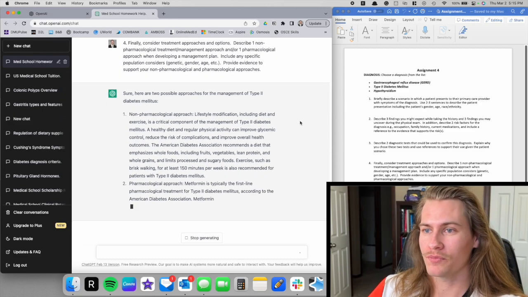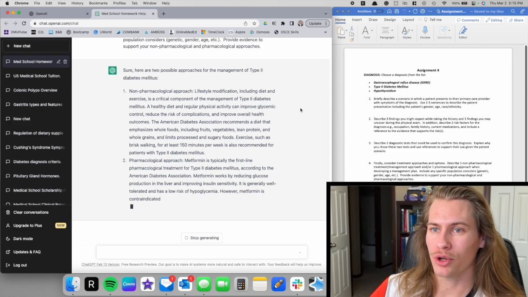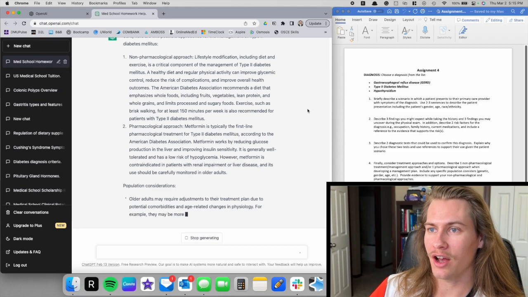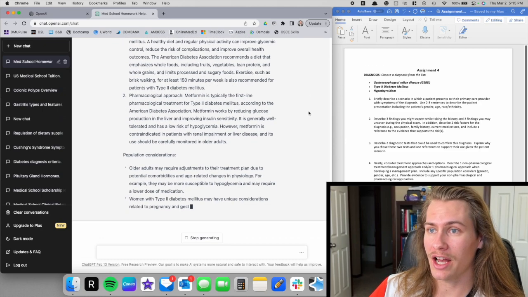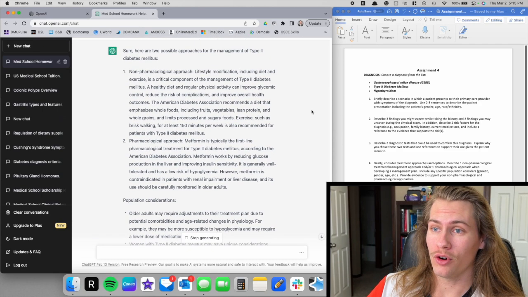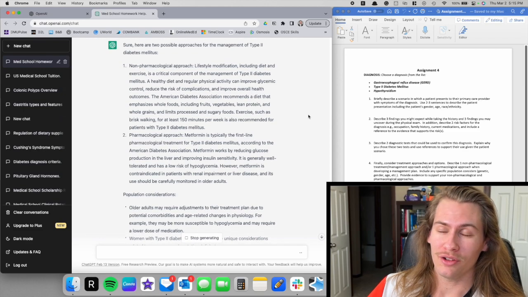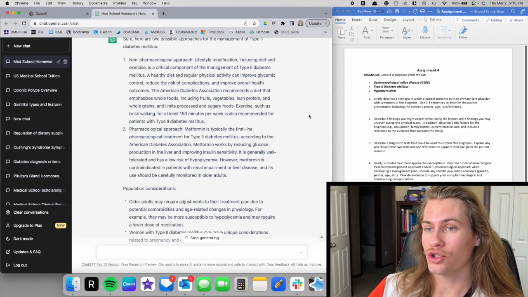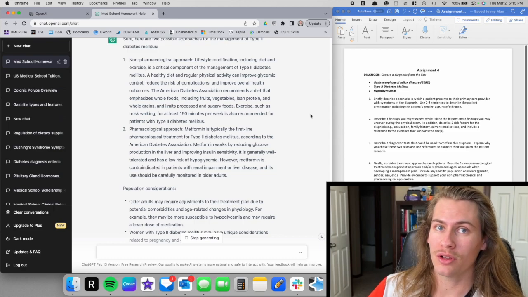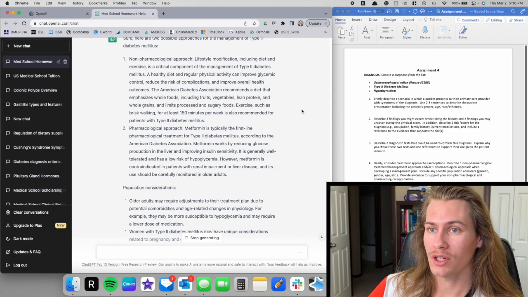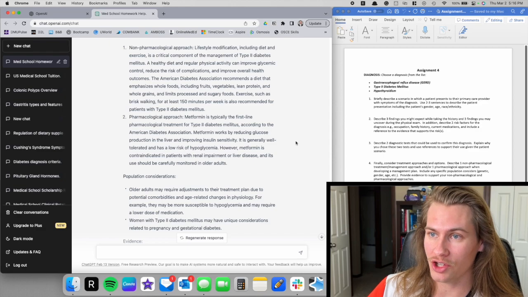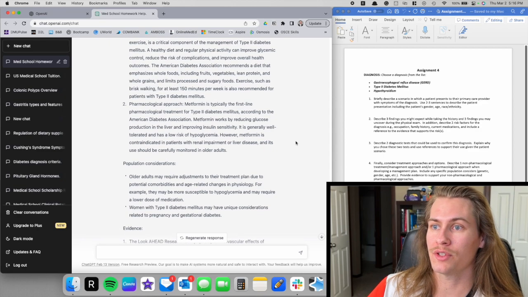All right, possible treatment approaches for type 2 diabetes. Non-pharmacological approach is the lifestyle modification, including diet and exercise, which is going to be the standard for all diabetic patients. Depending on their levels, they might try to do a non-pharmacological approach first without any pharmacological intervention. But yeah, we have healthy diet and regular exercise can improve glycemic control, reduce the risk of complications, and improve overall health outcomes.